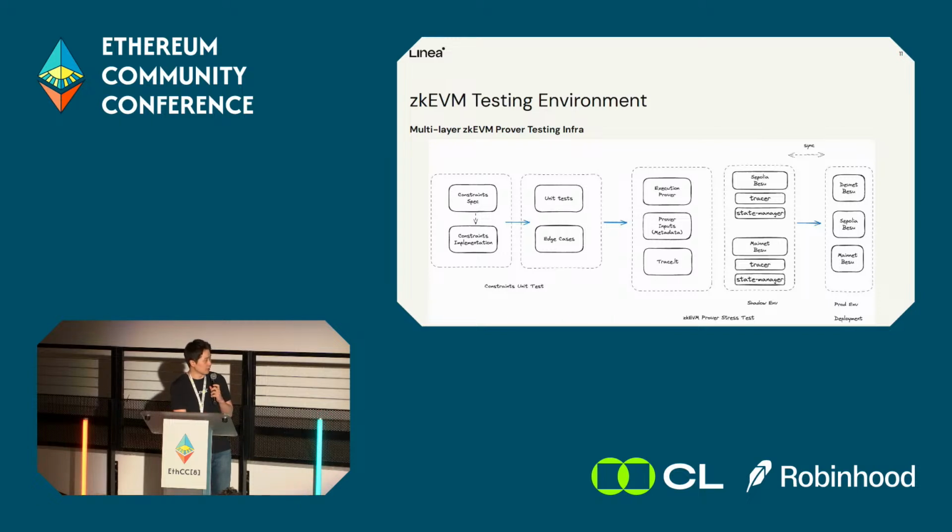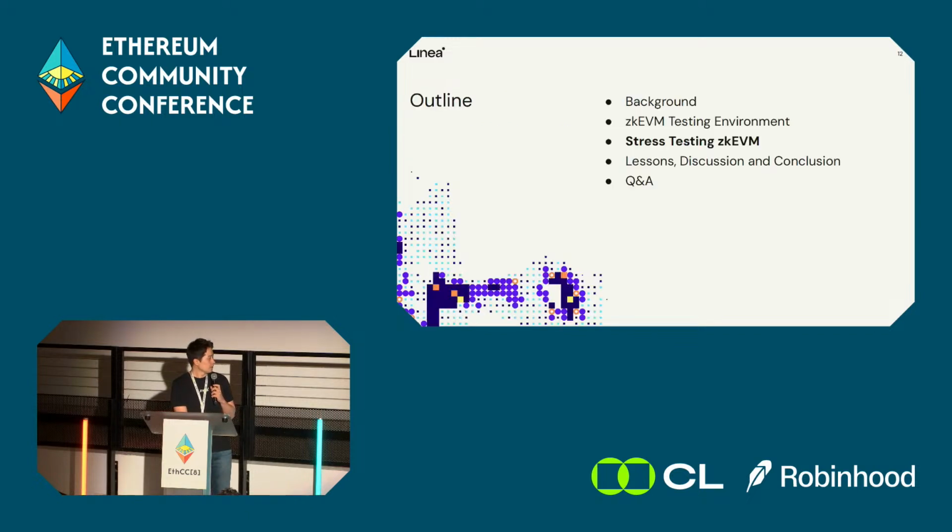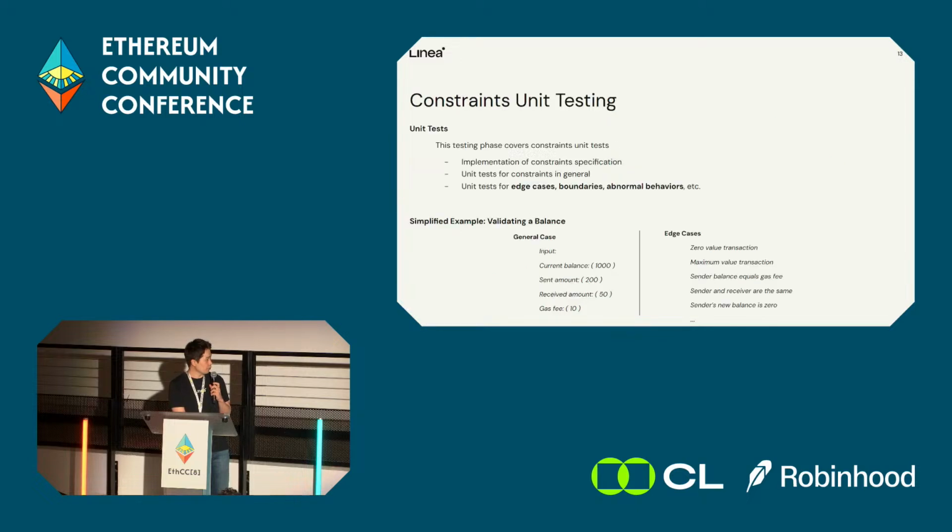I will go into detail in the next slides. When we finish this phase, we move to the other phase, which is actually the main phase: stress testing. Here we are running many provers and many besu nodes, and we are generating the trace files, and then we use them to stress test the prover before we move to DevNet, Sepolia testnet, or mainnet. So let's cover them one by one.